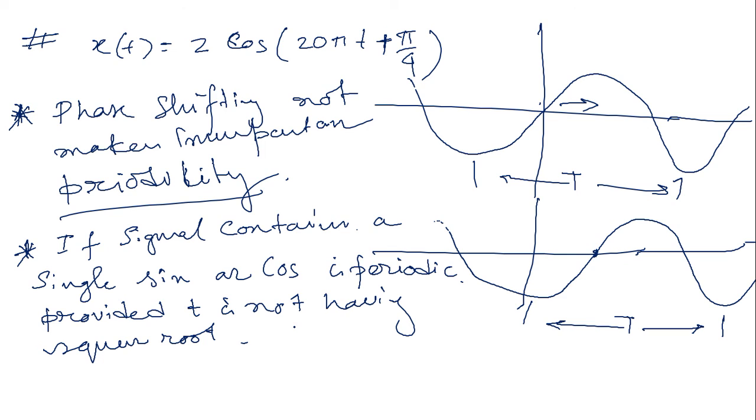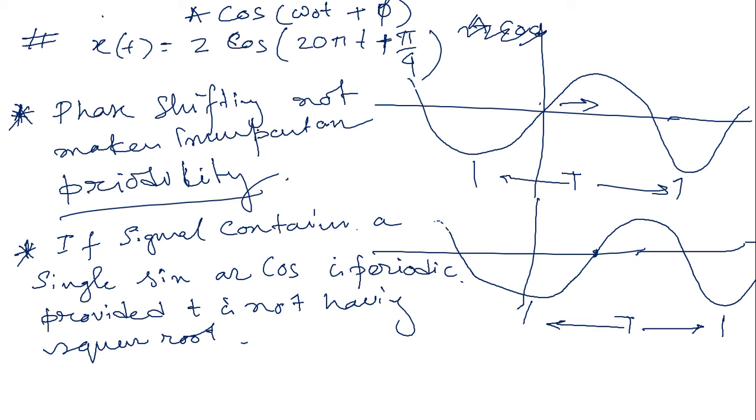So whenever the examiner gives you a question, you should compare the question with the standard one. So here is the standard one. The standard signal is A cos of omega naught t plus phi. So phi is not having any impact on the periodicity.